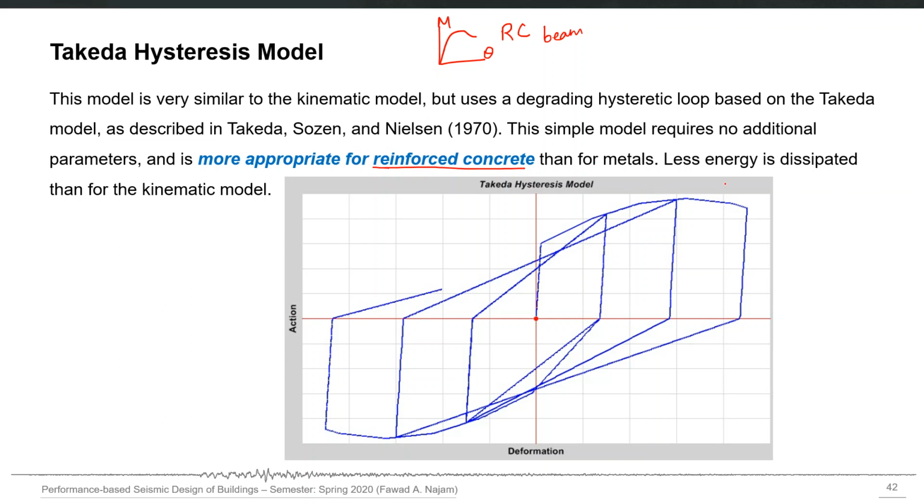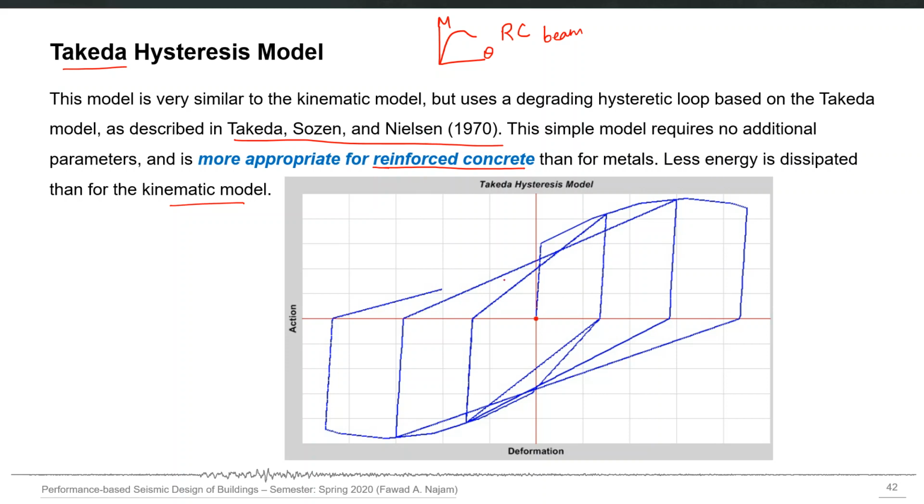Less energy is dissipated than for the kinematic model. For the details of this model you can go to this reference paper, and this is a very famous model. You will find a lot of literature on the Takeda model. It has certain unloading, reloading rules which you have to understand if you want to use it.